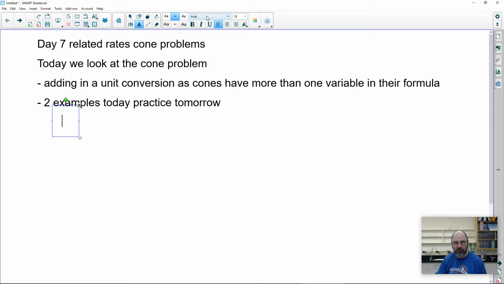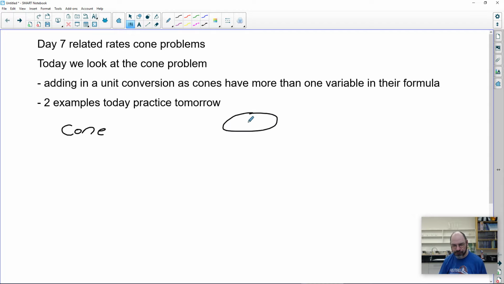So for a cone, if we're talking right cones, we've got this radius in here, and that's perpendicular, that's the height.